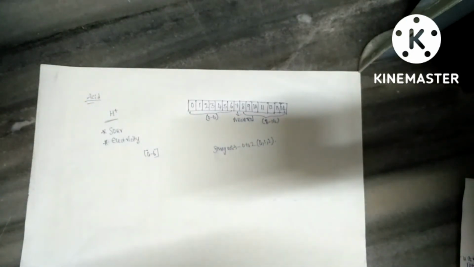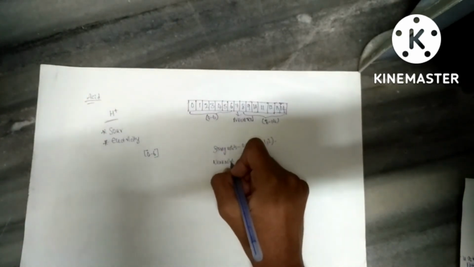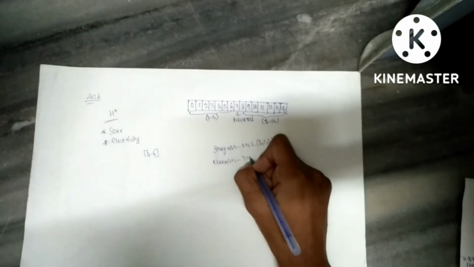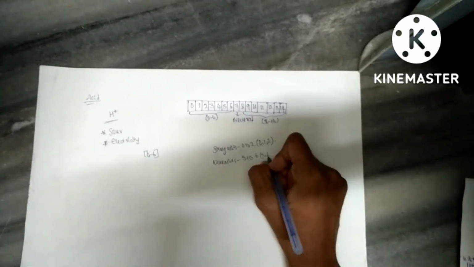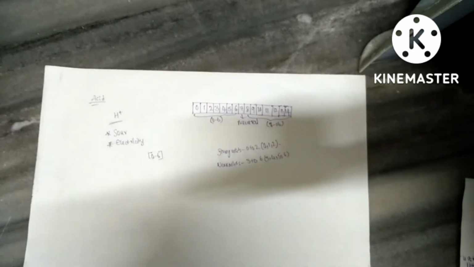And for weak acids, the pH value is 3 to 6: 3, 4, 5, 6. Next, for neutral, the pH value is 7. Example, distilled water. Neutral means it is not an acid and not a base.